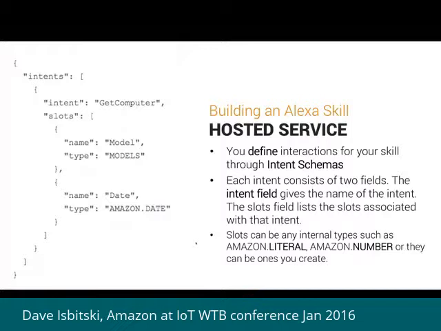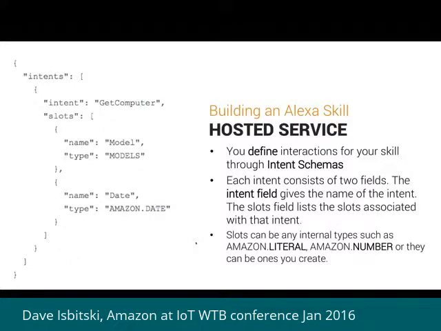And so what you're seeing here is the slots are the arguments, right? So the parameters, arguments, whatever you would use in your programming language of choice. And it's going to have a name and a type. We provide a bunch of built-in types at Amazon. So we have internal types for open strings, which are literals, numbers, dates. So you can see here I have a date.